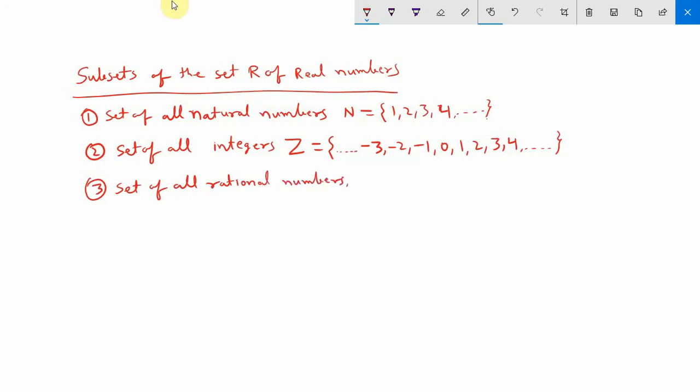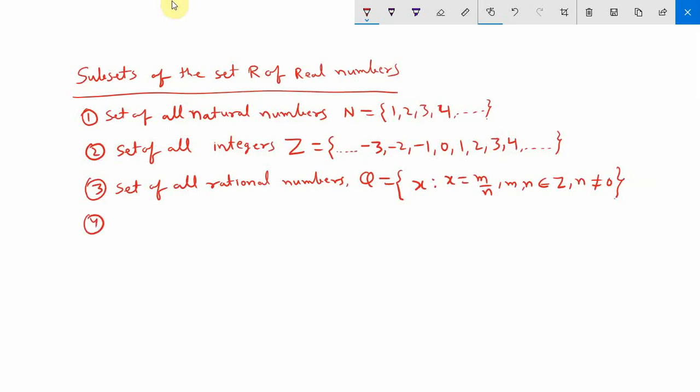It is denoted by Q. So in set builder form, we write x such that x equal to m by n, where m, n are integers, that is, belong to Z, and n is not equal to 0. So this is the set of all rational numbers.